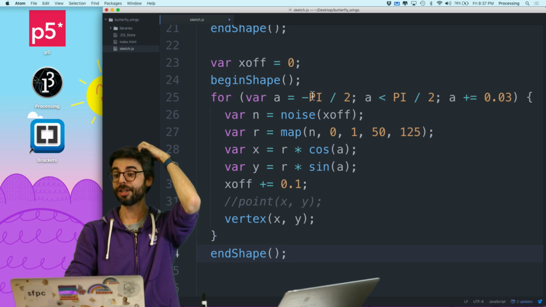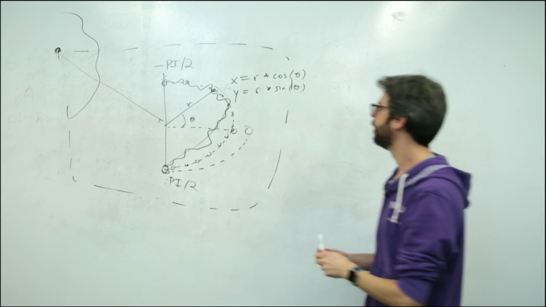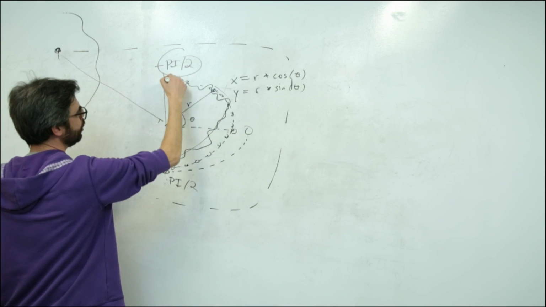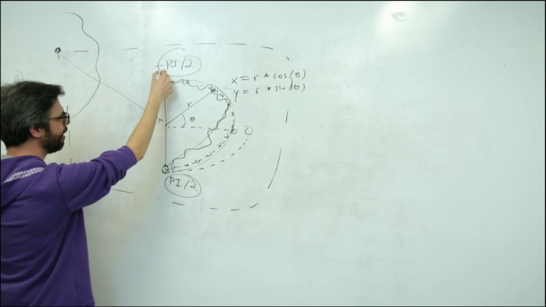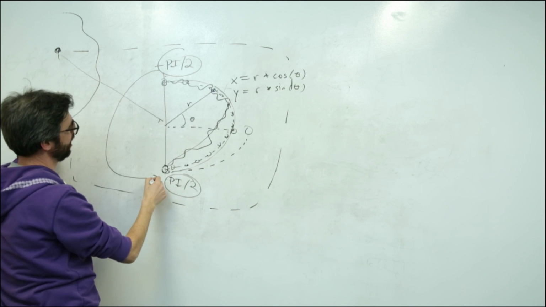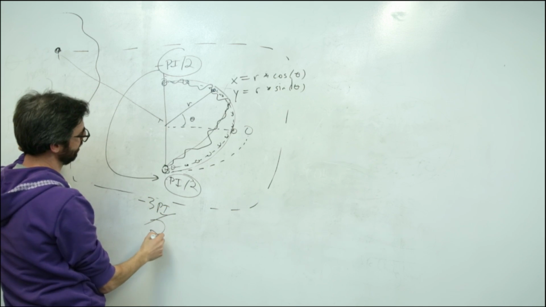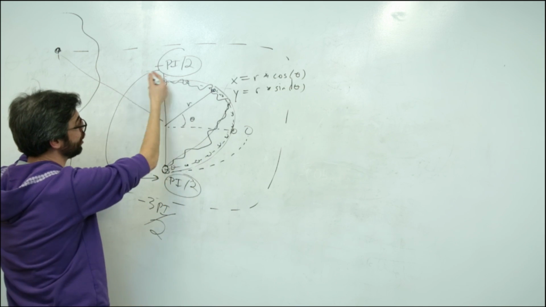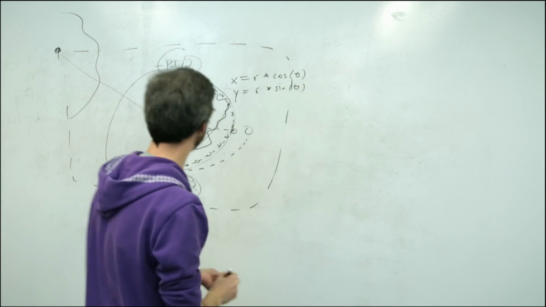So what I want to do now is go not from negative pi over 2 to pi divided by 2. I want to go from negative pi over 2 to, if I'm going this way, negative 3 pi over 2. Is that right? I think that's right, because I'm continuing to go in the negative direction. So let's try that.